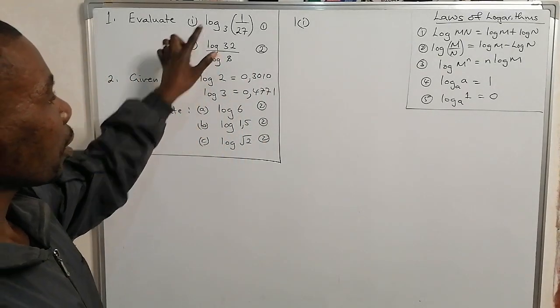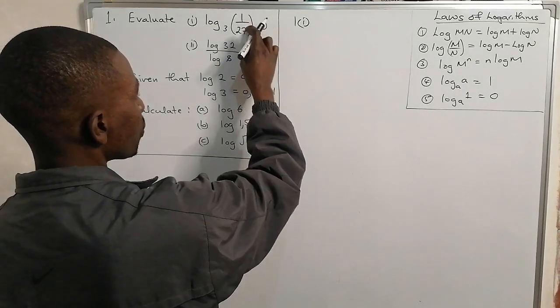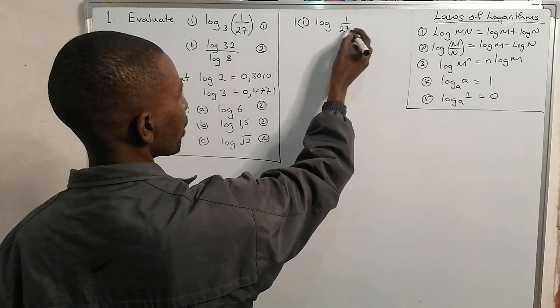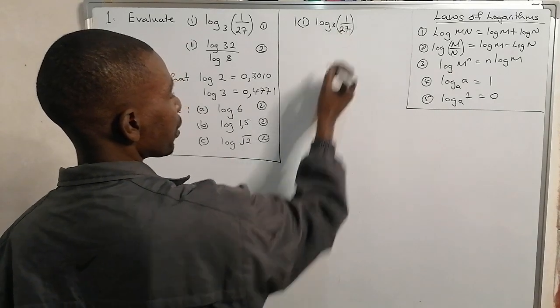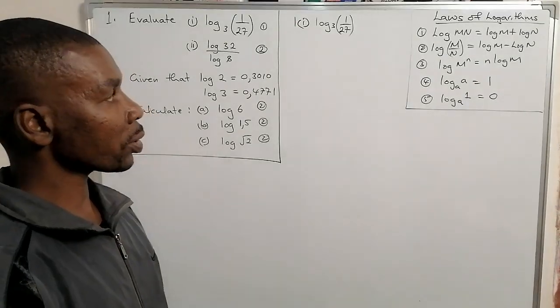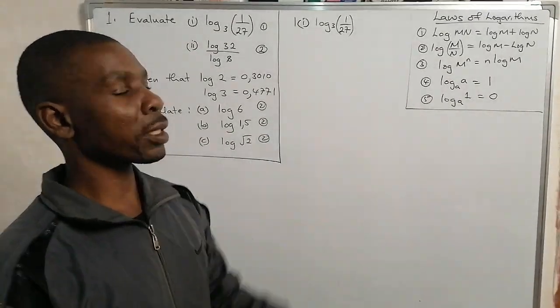So number 1, we are given log 1 over 27 base 3. This one we can use two methods. First method, we can use laws of logarithms.